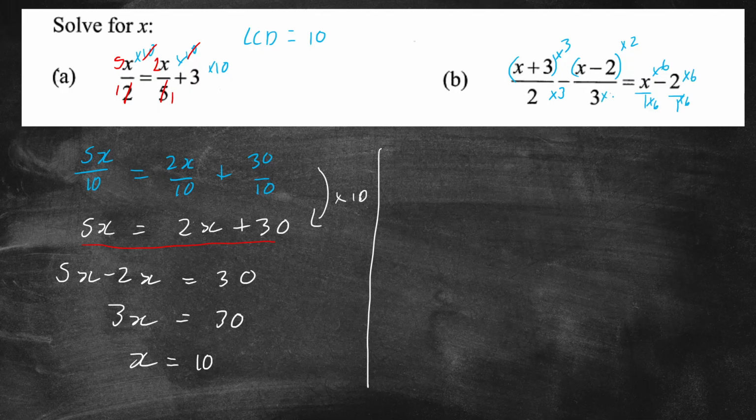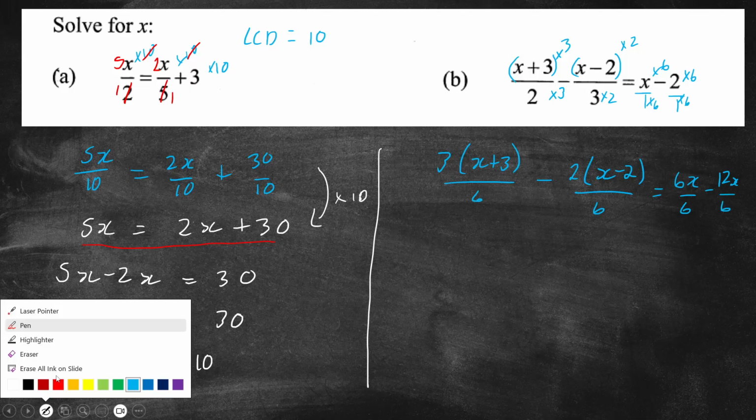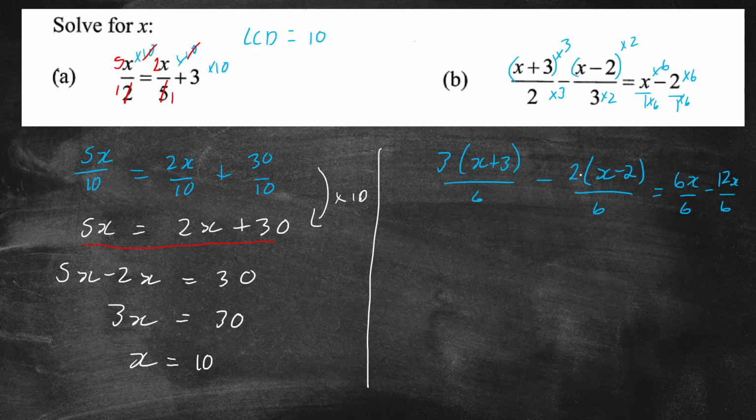Okay, now if we rewrite that, we have 3x plus 3 over 6 minus 2x minus 2 over 6, and 6x over 6 minus 12 over 6. Then when we drop the denominators, you could also start multiplying out at this point.